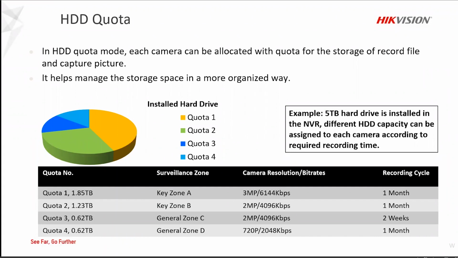At the bottom of the page you can see a table. In quota 1 they have allocated 1.85 TB, and a specific 3 megapixel camera will record at a bitrate of 6145 kbps for 1 month.